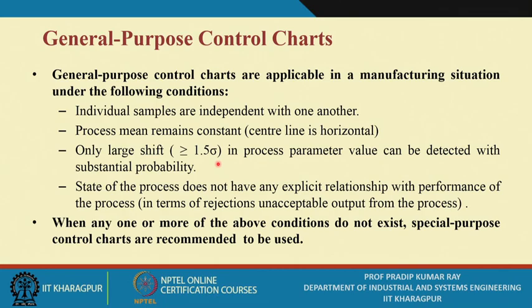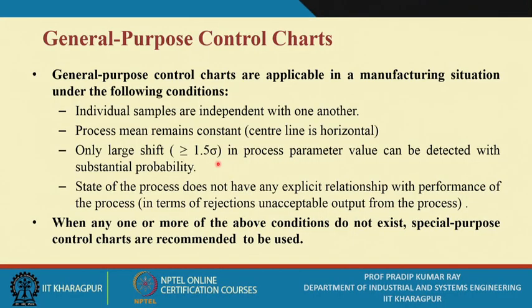That means we'll be using the control chart many a time, but in the majority of cases we say that the performance of a process is acceptable only when you are able to control the rejections in the process output to a reasonable level.